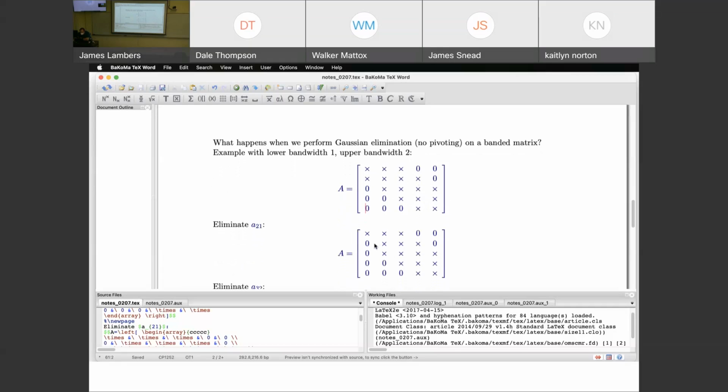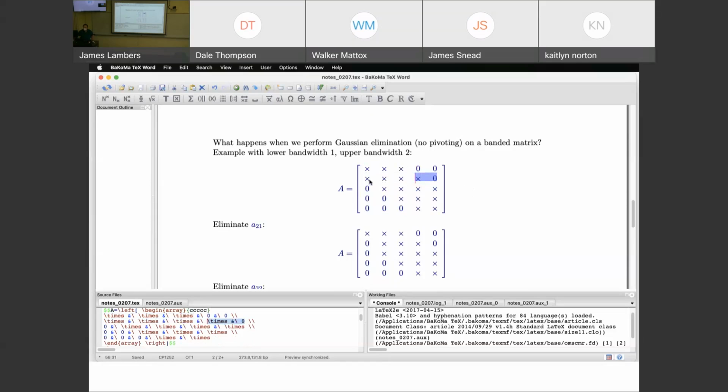So we perform a row operation to eliminate this entry, A21. We're taking a multiple of the first row and subtracting it from the second row. What's interesting here is that, because of the upper bandwidth, these last two entries in the second row will not be affected.